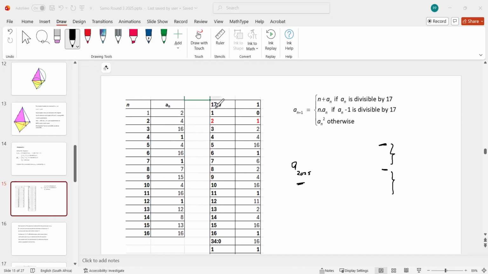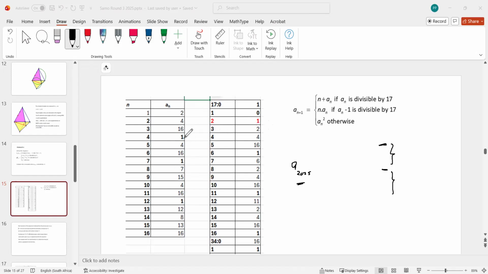Now, when I came to 17, I replaced 17 by 0 because that's the remainder when you divide by 17. I want n and an to be reduced to the remainders. So the next one, this is 18, by the way, and 34, this one here is 0, and so on. And so I wanted to see where these things are repeated.